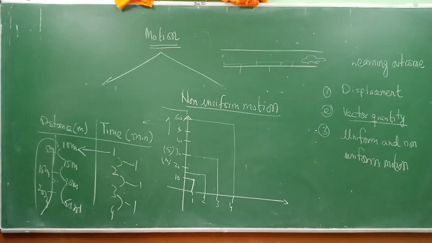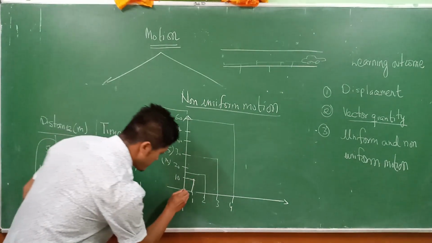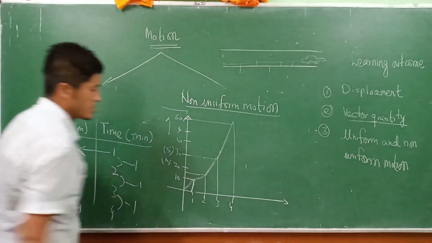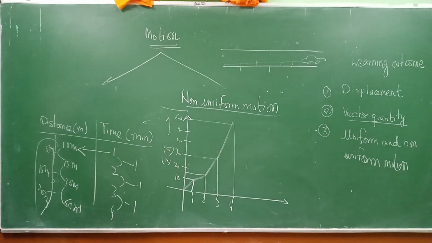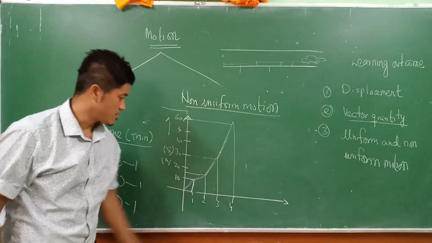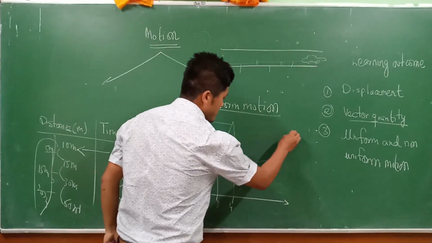Now, if you look at the graph, if we join the points, are we getting a straight kind of graph? No. Here, we get this kind of graph.